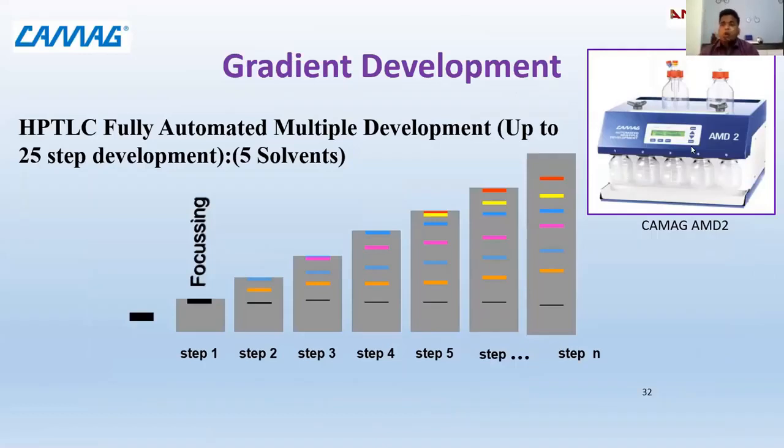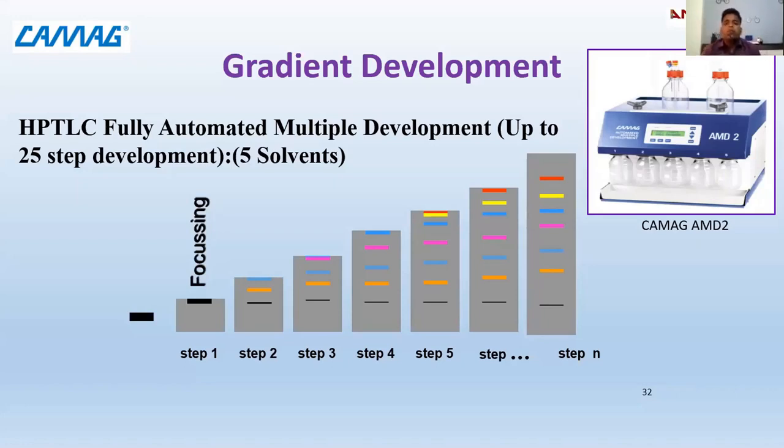Mostly this module is used for R&D purposes or for method development. In these 5 bottles there are different solvents filled, from polar to mid-polar to non-polar. And here you can do multiple development up to 25 steps in the same direction with one plate.